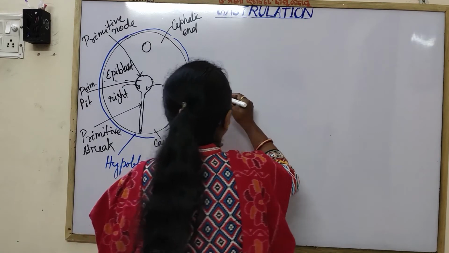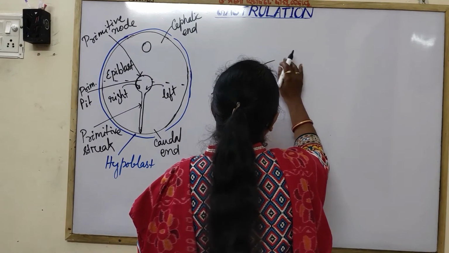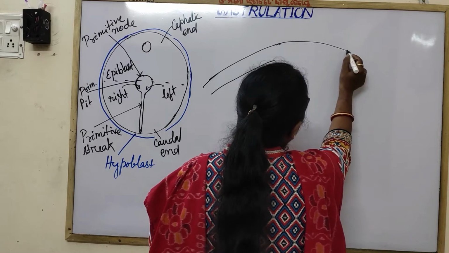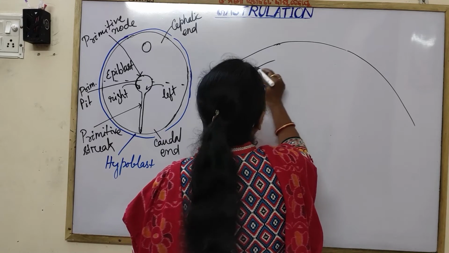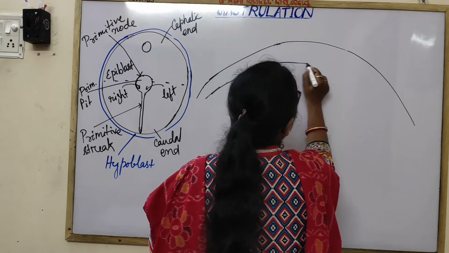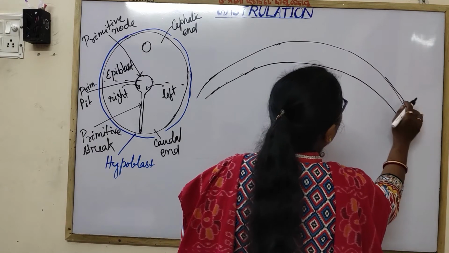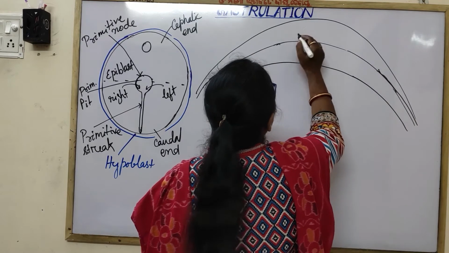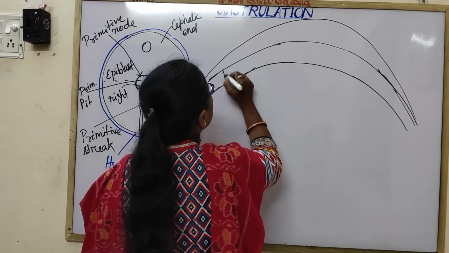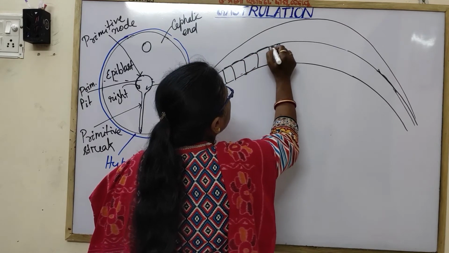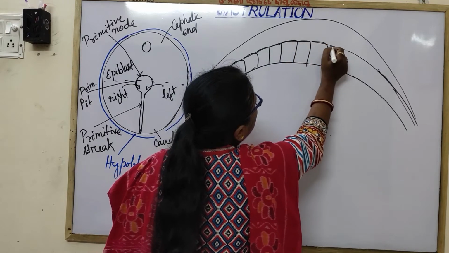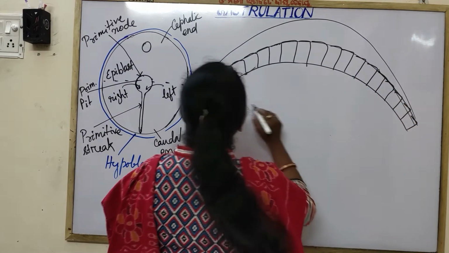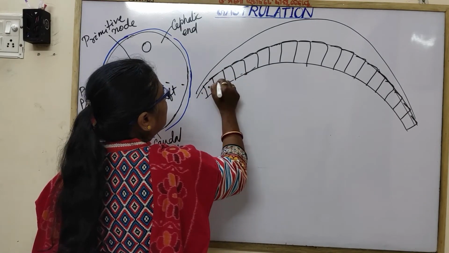The two embryonic discs, how they are present, suppose the epiblast consists of columnar cells. Suppose after this the trophoblast cells are there.